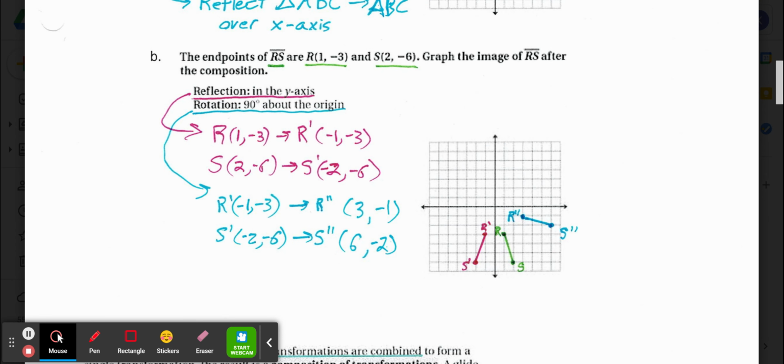So R double prime is at (3, negative 1), and S double prime is at (6, negative 2). Rotated 90 degrees, that results in our final segment image, R double prime S double prime, right here.